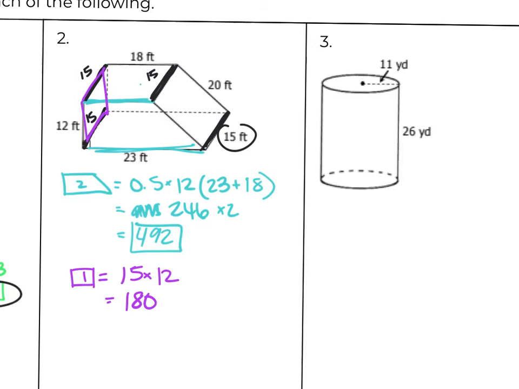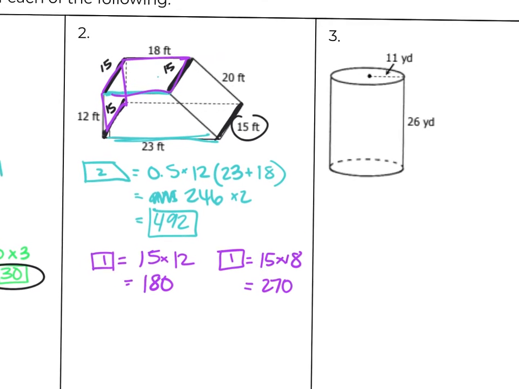Okay. And then what one can I do next? The top one, sure. So we'll do this one now. And that one's going to be 18 times 15, yes. Which is 270.